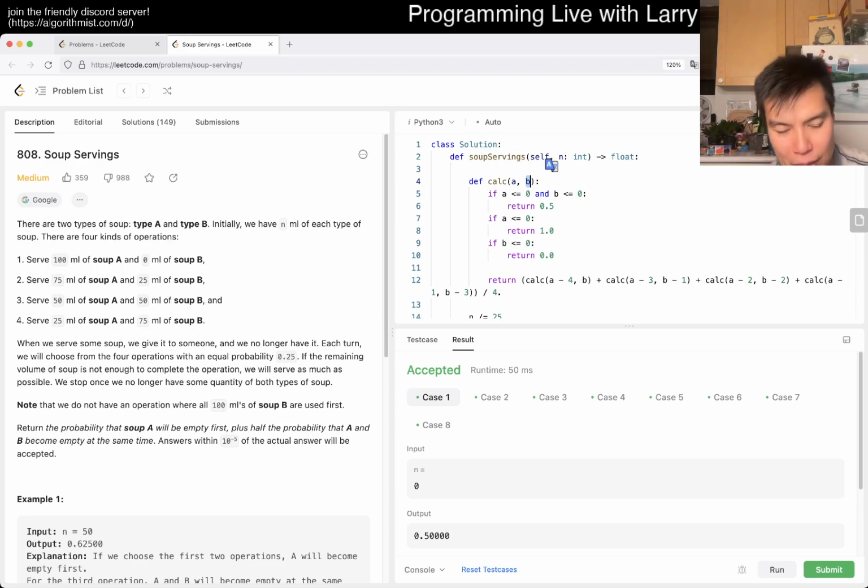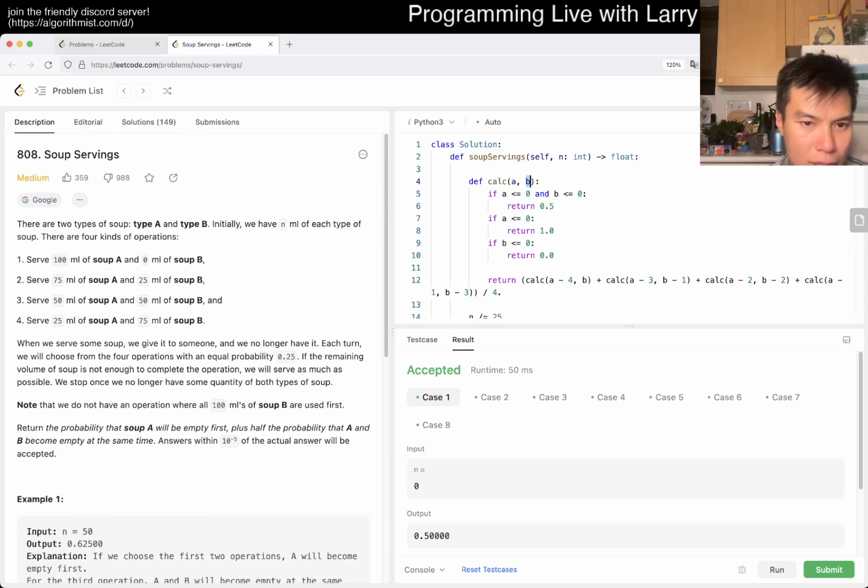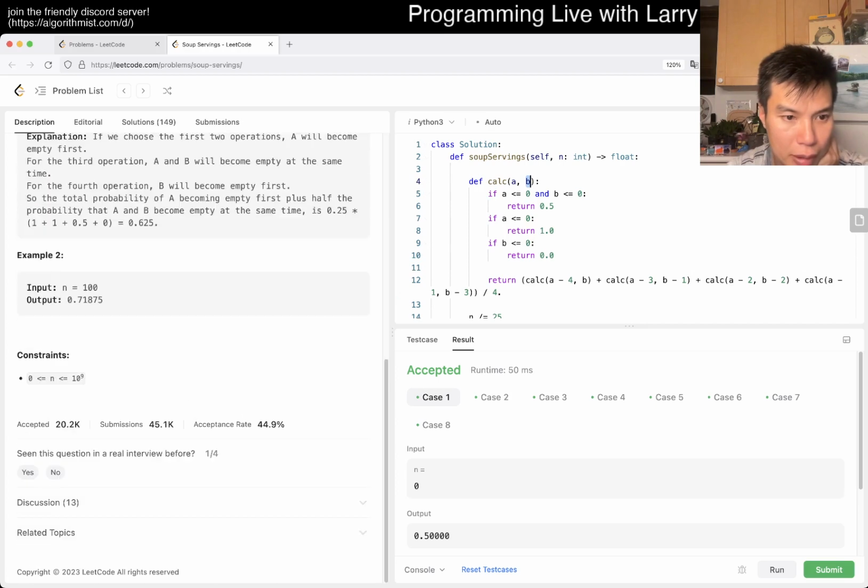Using like the Q matrix or something. I really don't have any idea, to be frank, right now.